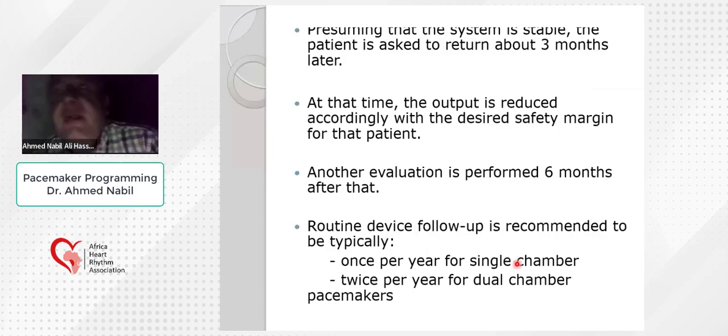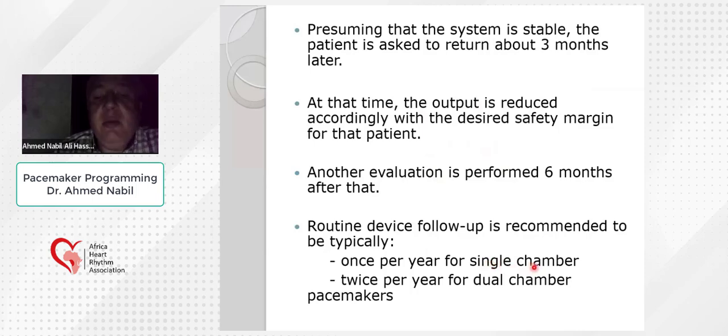Then if everything is stable and all the parameters are acceptable, we will ask the patient to return after 3 months, and then the evaluation will be performed every 6 months, or twice per year, for dual chamber pacemakers.